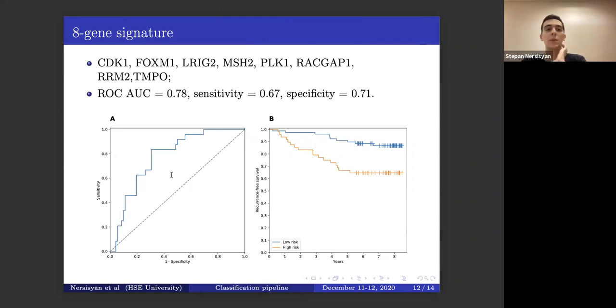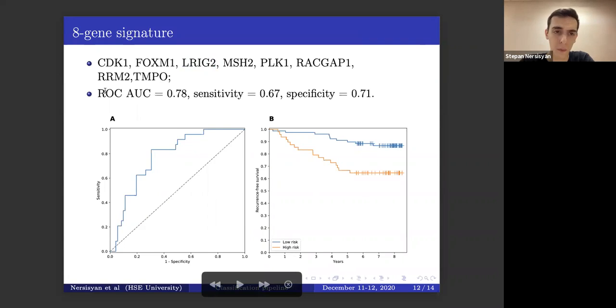So, for example, here's an 8-gene signature we built using the pipeline. Here are genes. Some of the genes were already mentioned by other research groups, for example, FOXM1, RACGAP1, and others. Some are not, for example, ERI2, and others are not available in existing literature as examples of prognostic markers for breast cancer.